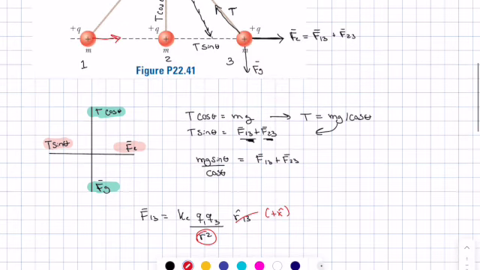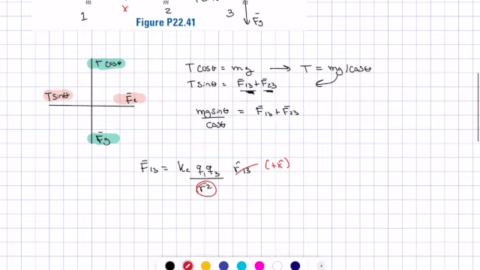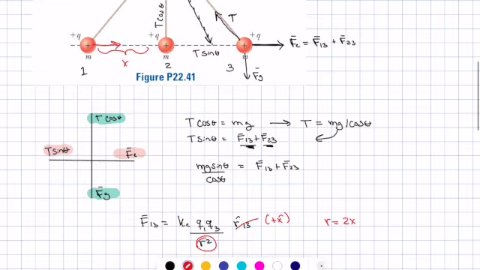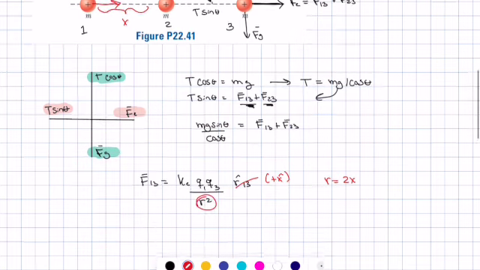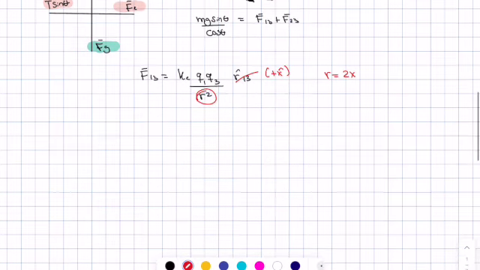Well, r is the distance between 1 and 3. So if I called it x, then here r is equal to 2 times x, right? And I can say that, well, I know that x is equal to L sine of theta. So if x is equal to L sine of theta, r is equal to 2L sine theta.